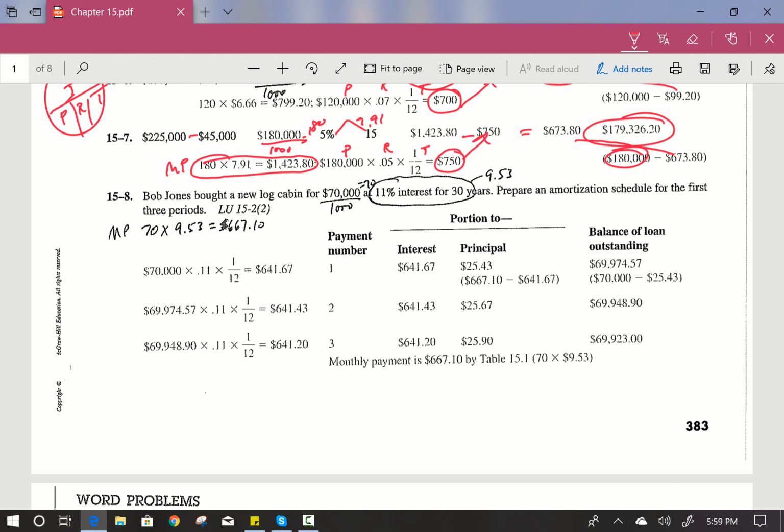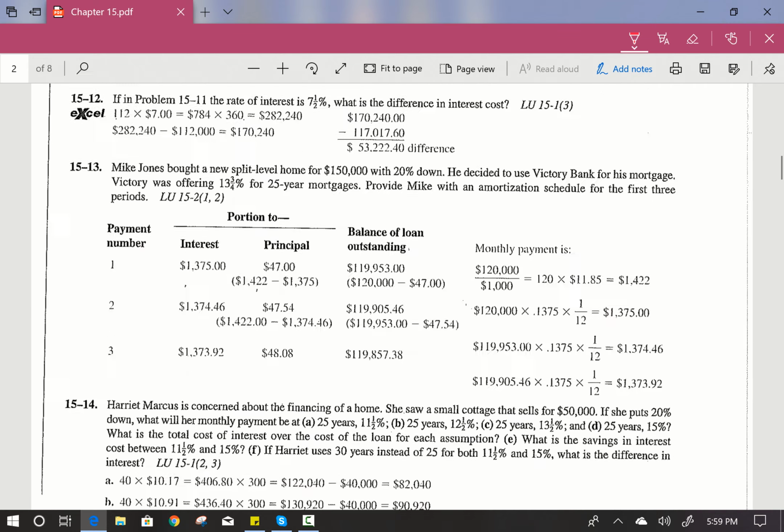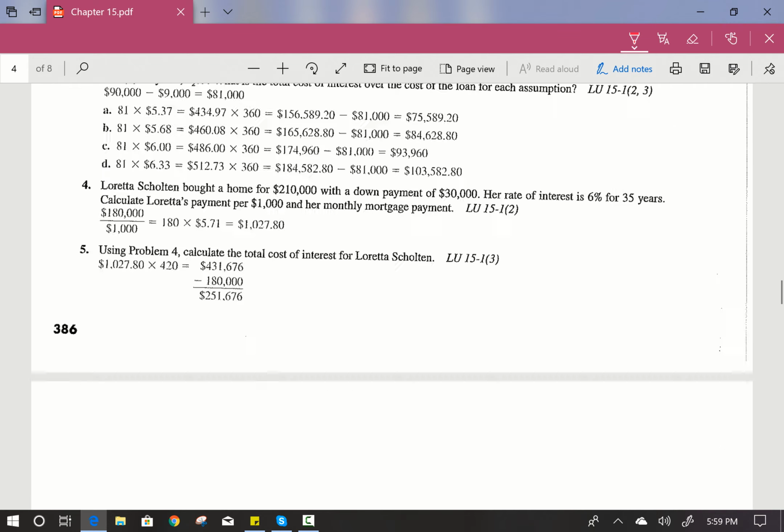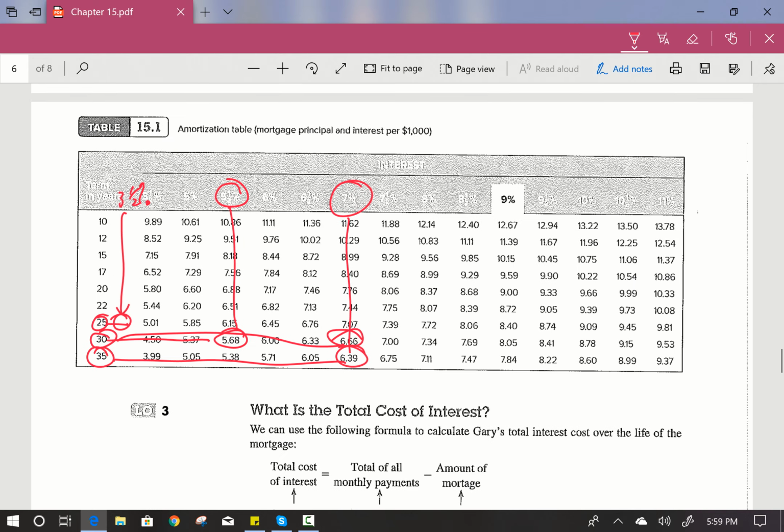Okay, first of all, I'm going to calculate my monthly payment. So I'm going to divide 70,000 by 1,000. It's going to equal 70. And then I'm going to find the corresponding factor of 11% and 30 years. 11% and 30 years is right there.